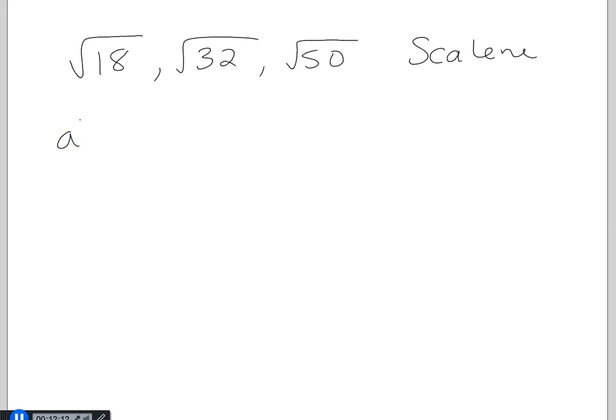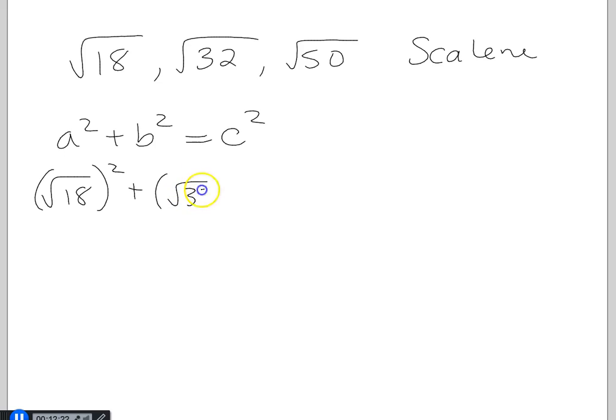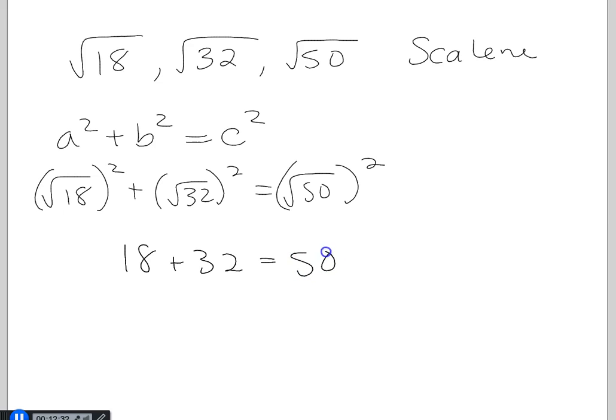And then we used the Pythagorean theorem to test to see if it was a right triangle. So we had the square root of 18 squared plus the square root of 32 squared equals the square root of 50 squared. So is 18 plus 32 equal to 50? Yes. So since that's true, it's also a right triangle.